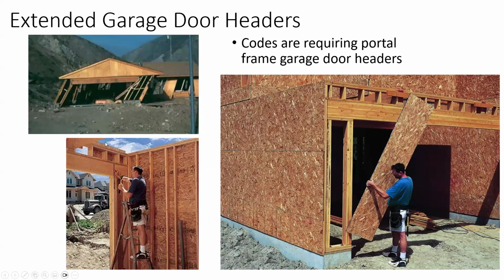So in some circumstances, the codes are requiring portal frame garage door headers where they actually extend the header out and then they put a metal strap on that, and then they put OSB from the bottom plates up to the top of the header, and that ties it together. And you can see that's a much stronger joint than just relying on that wimpy little connection where it's sitting on the shoulder studs at the header.